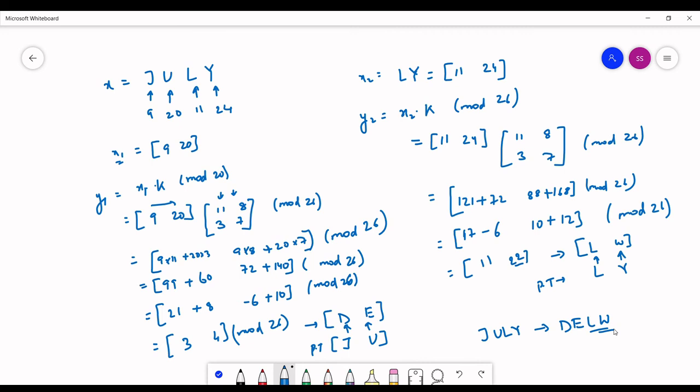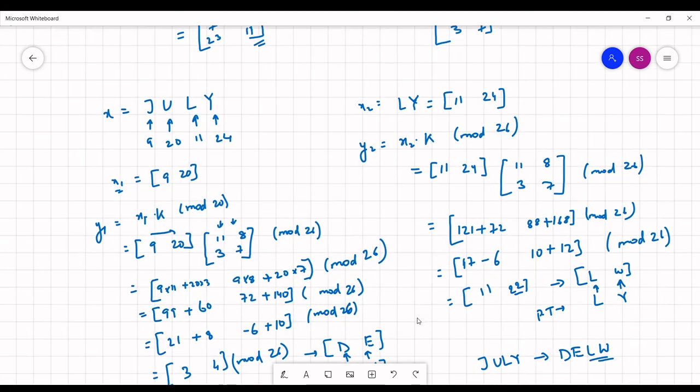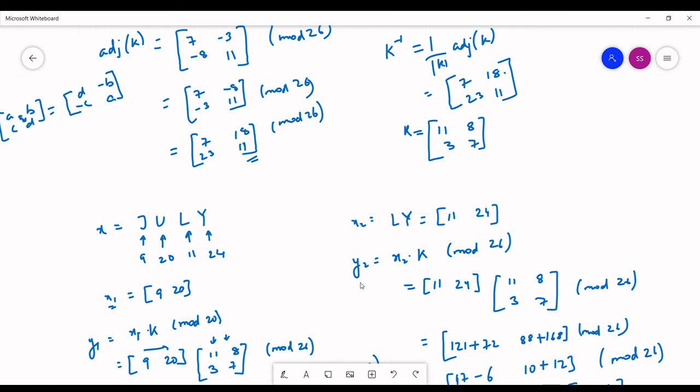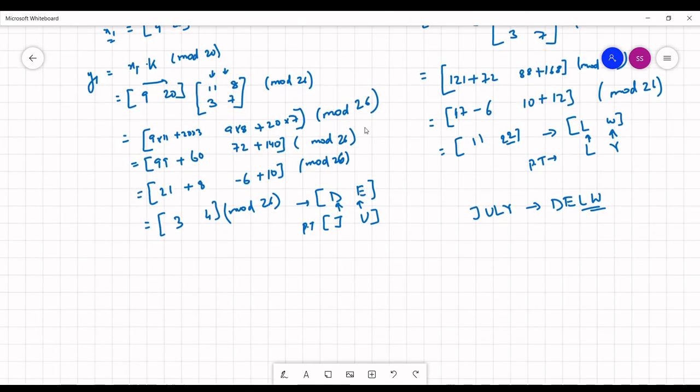Now I will show you how to decrypt this. For decryption we need that K inverse, because decryption is Y into K inverse, right? My K inverse value here we got as 7, 18, 23, 11. I will write everything down.